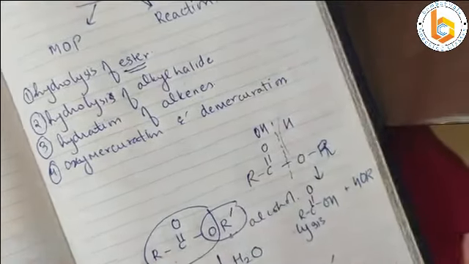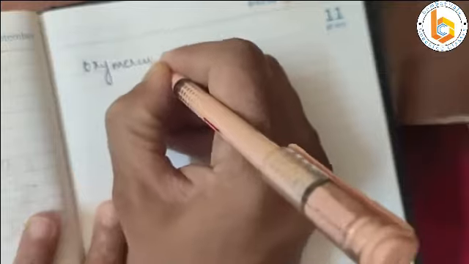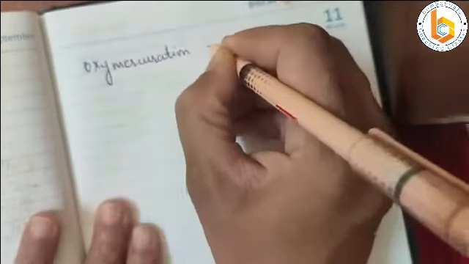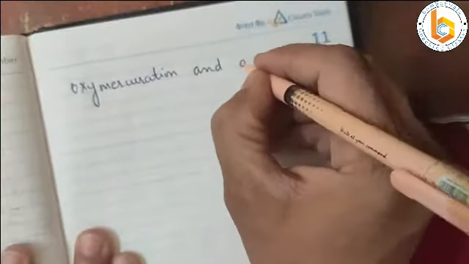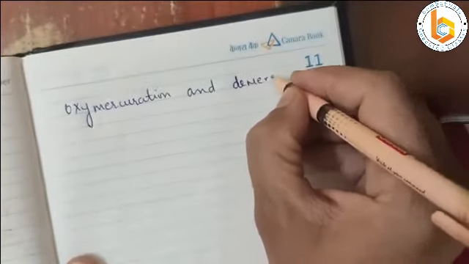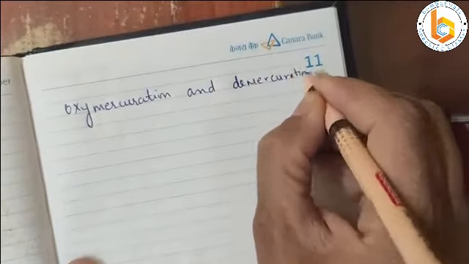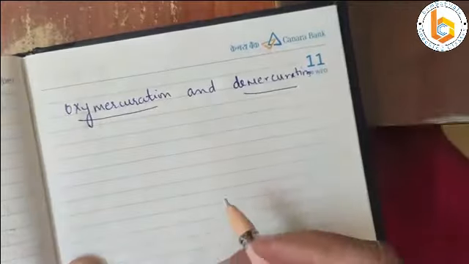Okay. Now what is this reaction? Let us talk about this reaction in detail. Oxymercuration and demercuration. What are these reactions?